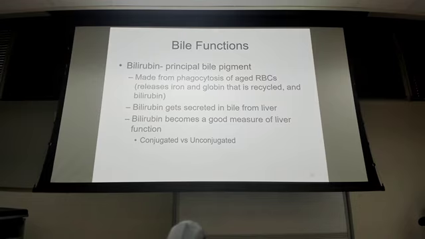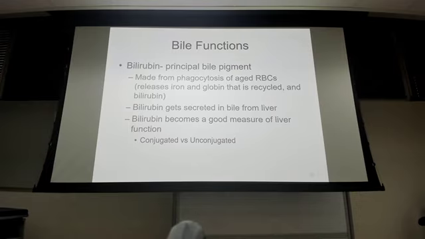I would say, if not one of the most important laboratory markers of liver function is bilirubin. So as the slide said, phagocytosis of red blood cells, they release the iron and globin that is recycled with the bilirubin. Bilirubin gets secreted in the bile from the liver. And then, as I mentioned, bilirubin becomes a measure of liver function.